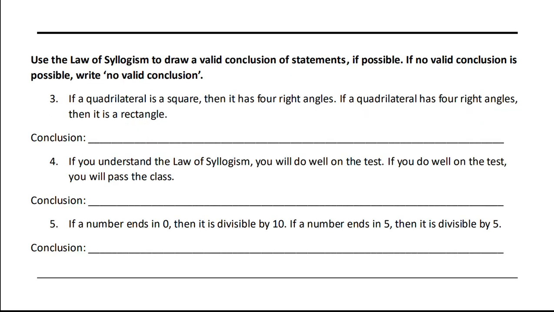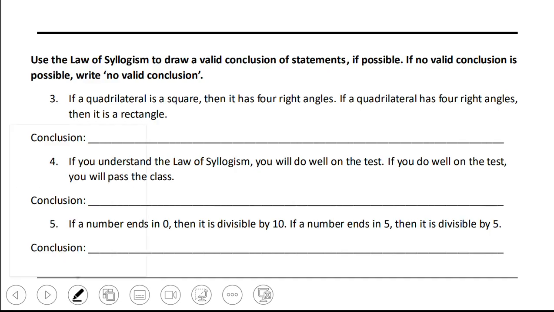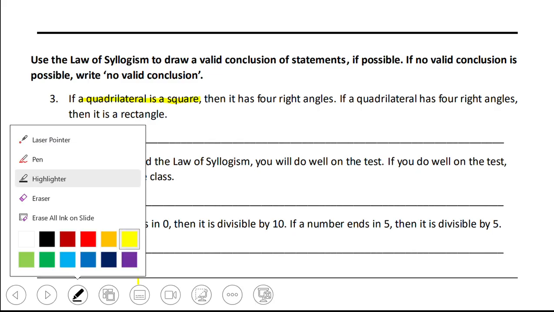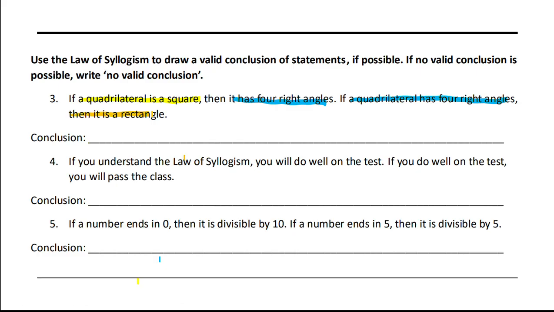Okay. For these ones, I want you to write an if-then conclusion, if it's possible. If it's not possible, I want you to write no valid conclusion. It might be helpful to use your highlighter to indicate the sequence. If a quadrilateral is a square, then it has 4 right angles. If a quadrilateral has 4 right angles, then it is a rectangle.